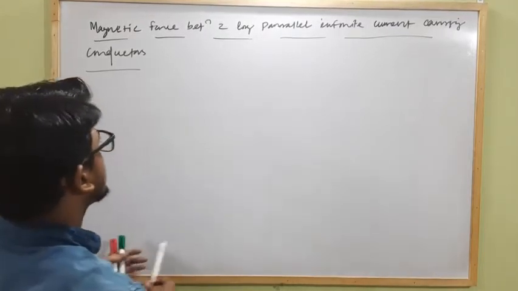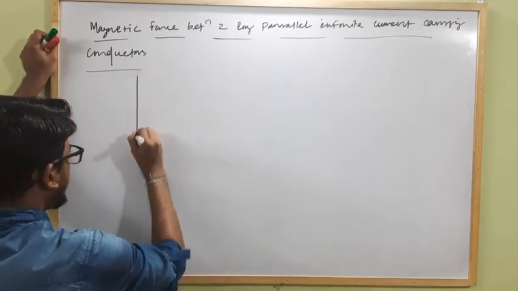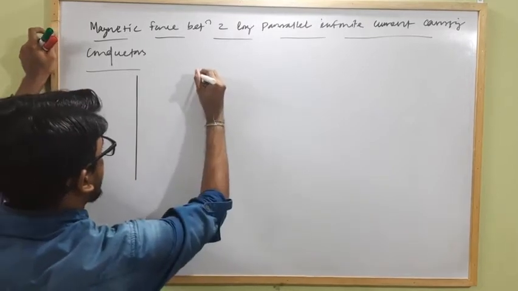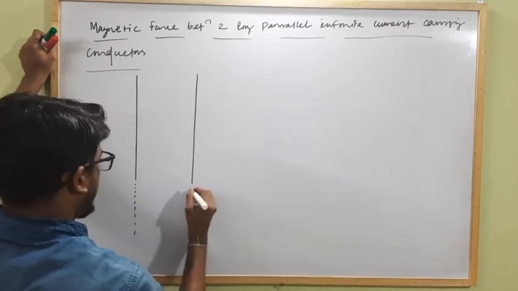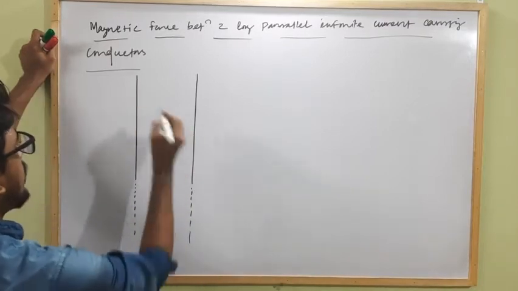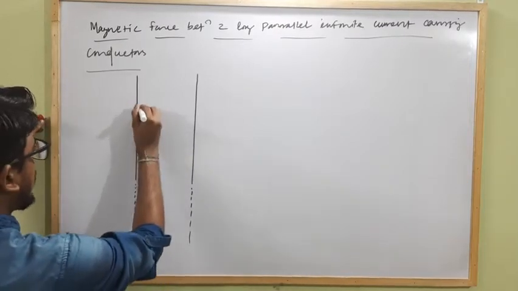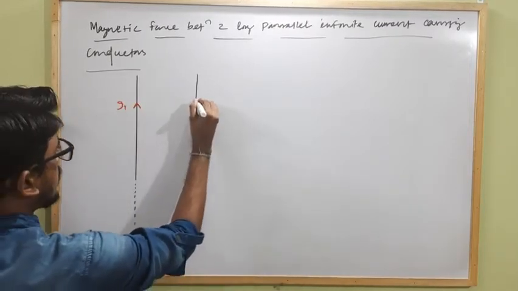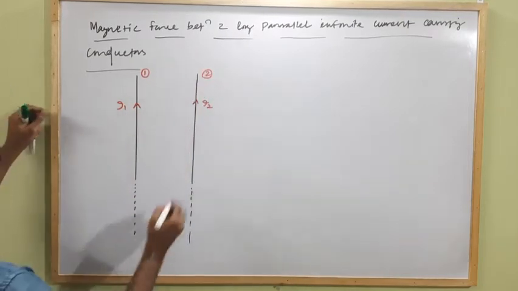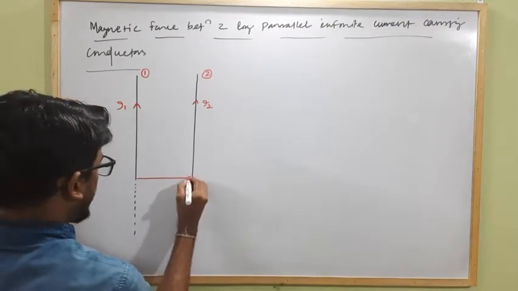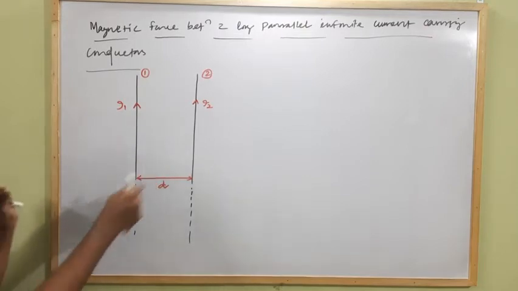So first, just consider two infinitely long current carrying conductors which are parallel to each other. These two conductors extend up to infinity, and they carry current in the same direction, I1, I2. Let this be conductor 1, this be conductor 2, and the separation between these two conductors is D. Clear?